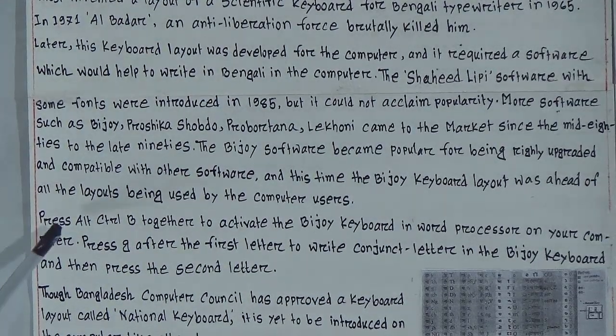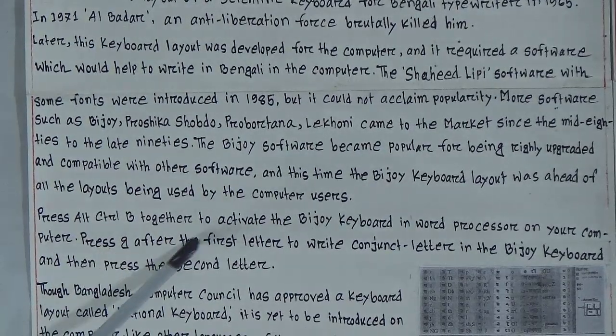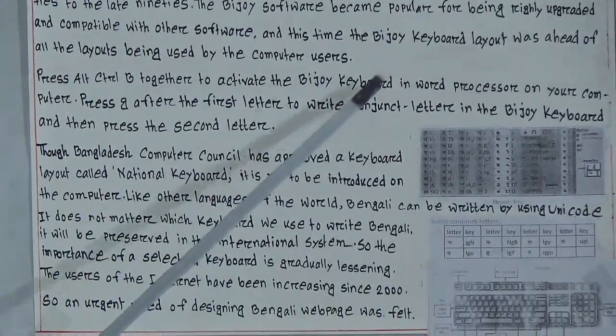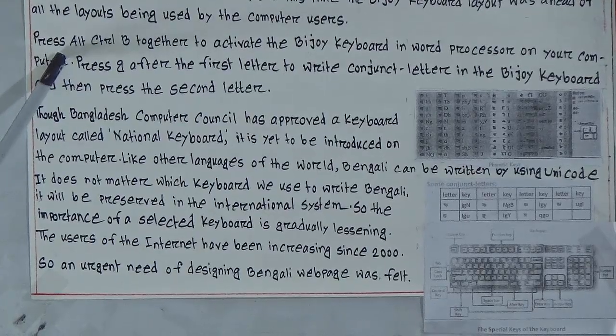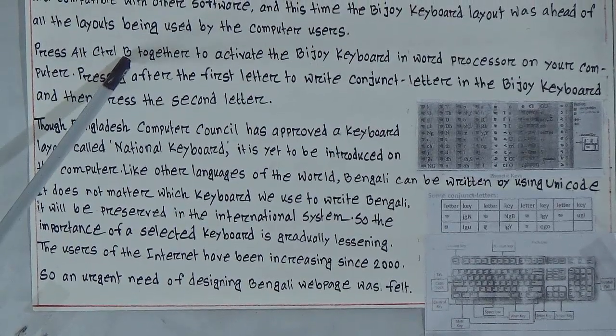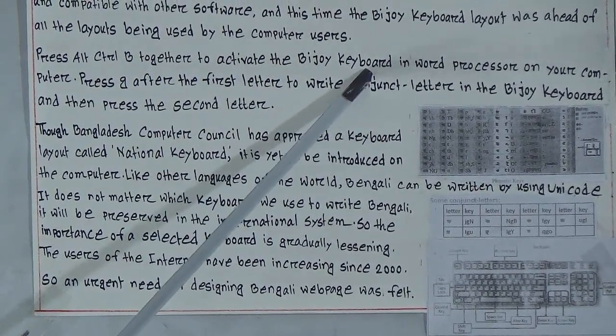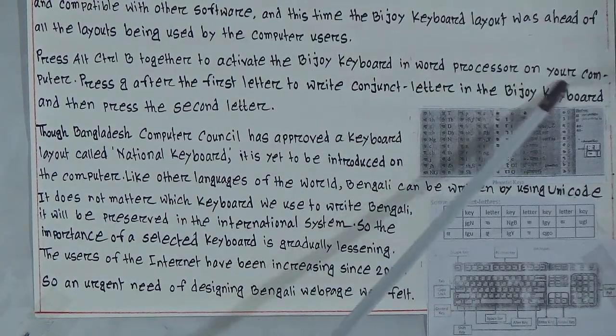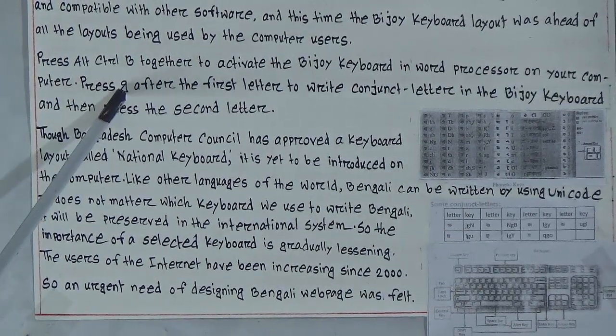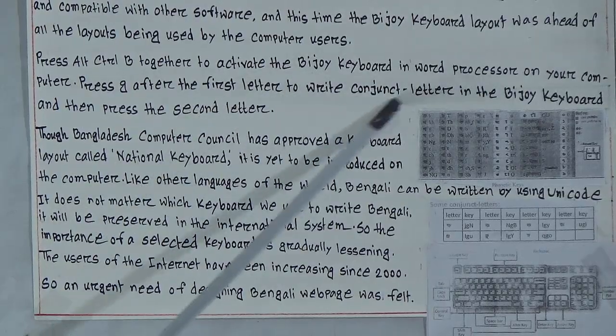Next, press Alt Control B together to activate the Bijoy keyboard. That means if we press Alt Control B on the keyboard, we will activate the Bijoy keyboard on your computer. Press G after the first letter to write a conjunct letter.